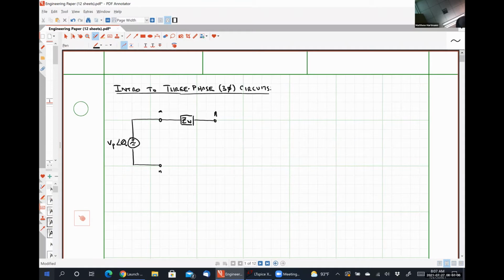Here will be terminal capital A. Here will be ZL. Terminal capital N. Like so. So a couple of things that I'd like to point out here.